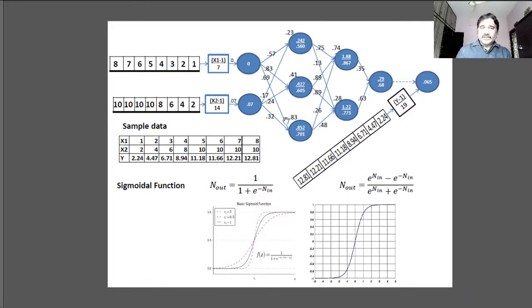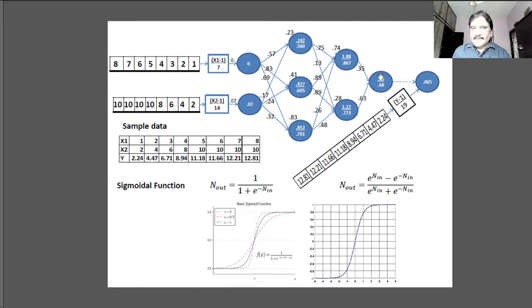And not only the weights, but there is some value which you are seeing at the top of this neuron that basically should have been inside the neuron, right? Inside the neuron, all these values 0.23, 0.41, 0.83, 0.74, 0.28 should have been inside the neuron. That value is not there here on the input neurons.